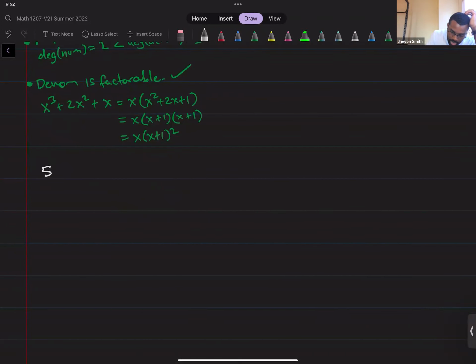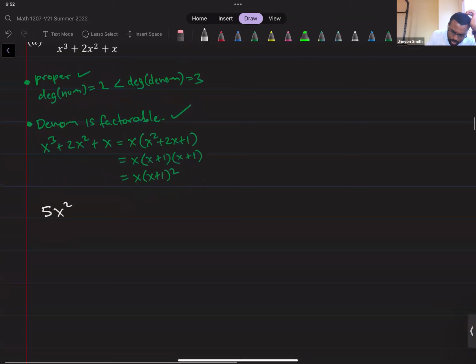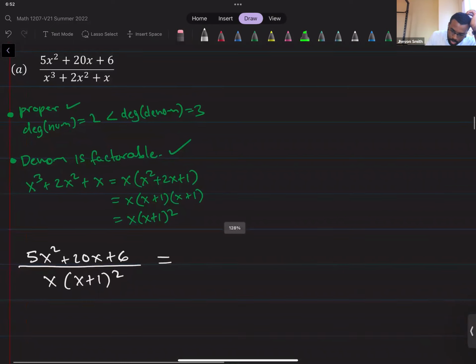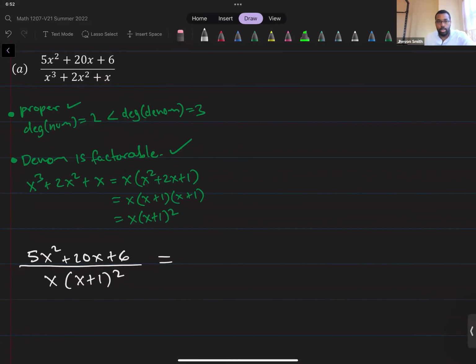So that's 5x squared plus 20x plus 6, and the denominator is going to be x times (x plus 1) squared. So what is that going to break down into? Like the generic factors.